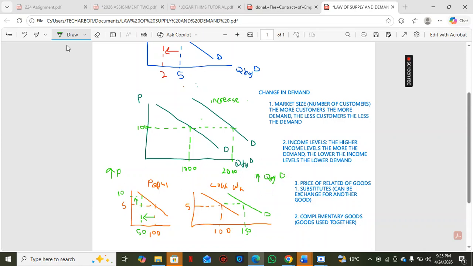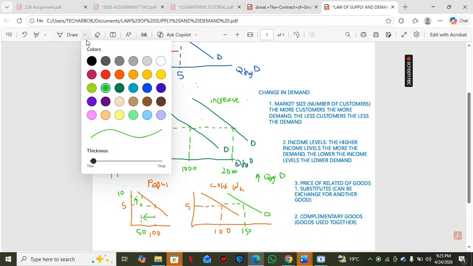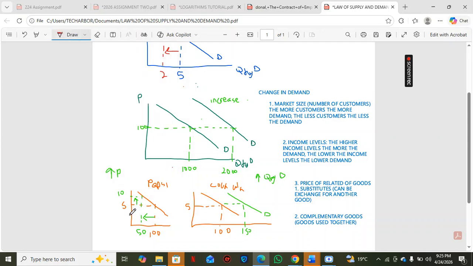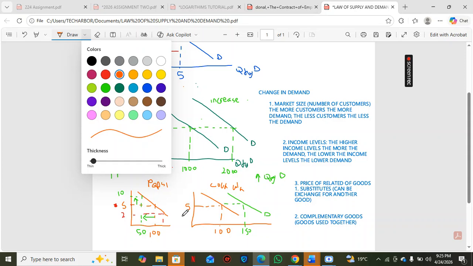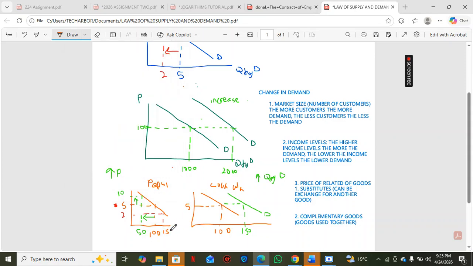If the price of Pepsi dropped, let's say we started here again at 5 kwacha, the price of Pepsi now drops to 2 kwacha. It means Pepsi is cheaper than Coca-Cola now, assuming the price of Coca-Cola stays the same. Pepsi is cheap, so they're going to substitute Coca-Cola with Pepsi and buy more Pepsi. The quantity demanded for Pepsi has increased because people are buying more.